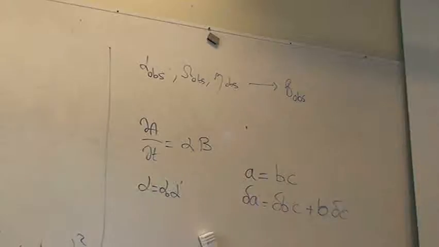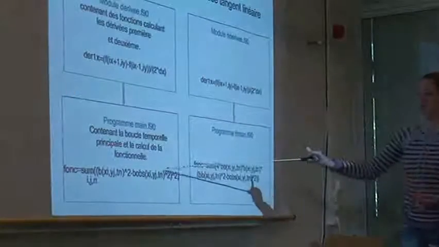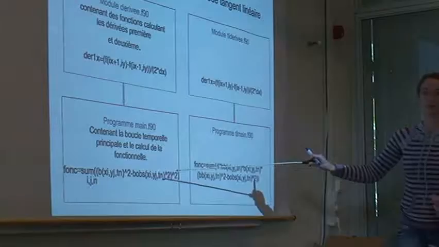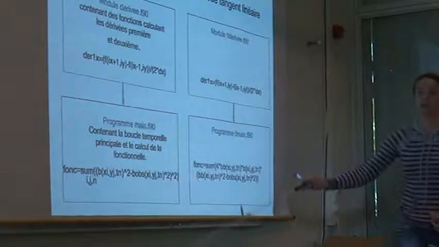Because what I call BB here is what they call the basic B. So this BB in the adjoint code will be the B which comes from the direct code. You take the same values.